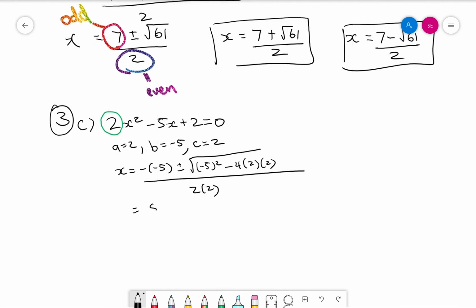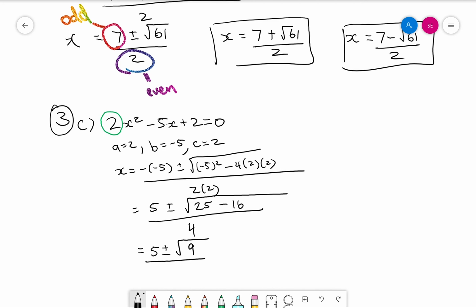So minus minus 5 is positive 5, plus or minus the square root of, minus 5 squared is 25, minus 4 times 2 times 2, which is minus 16, over 2 times 2, which is 4. So we get 5 plus or minus the square root of 25 minus 16, which is 9, over 4.